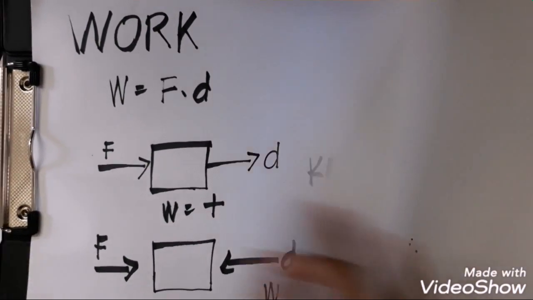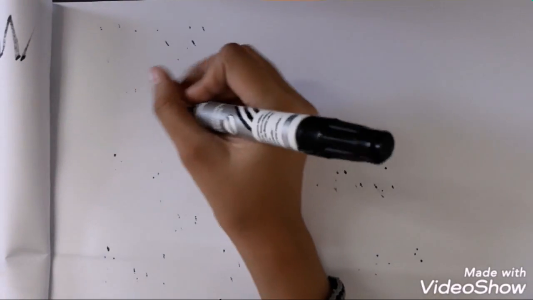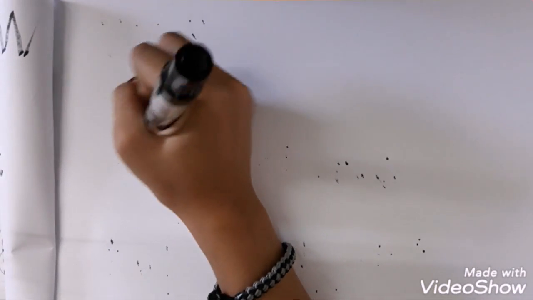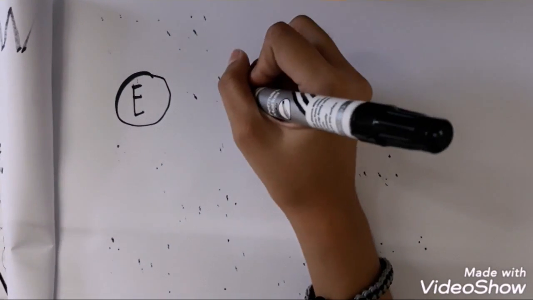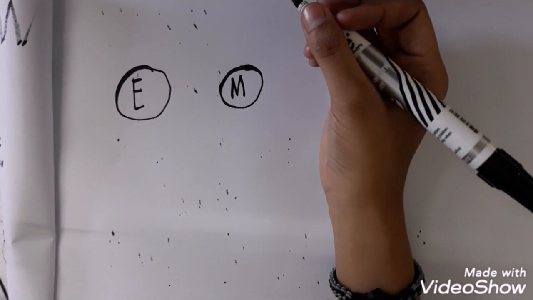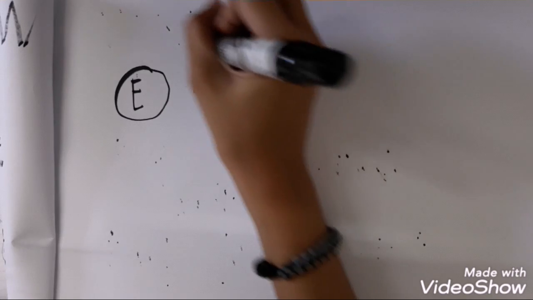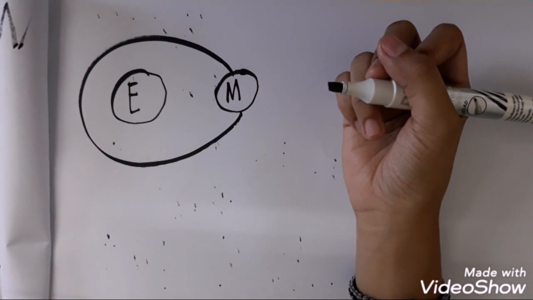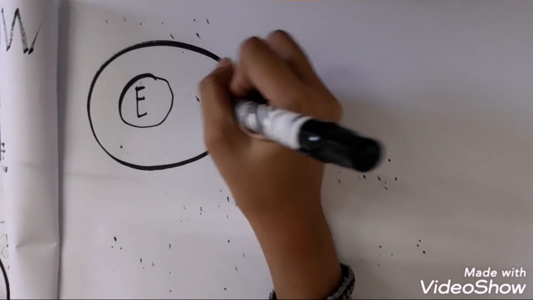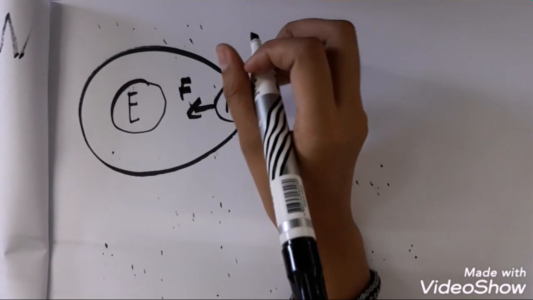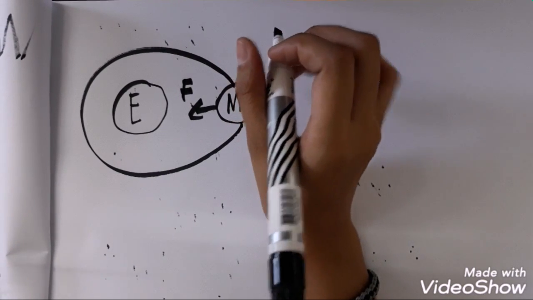Now let's move on to circular motion. Let's put it this way. We have Earth here and Moon. The Moon is in orbit around the Earth. Now, the Earth exerts a gravitational force on the Moon that accelerates it towards the Earth.